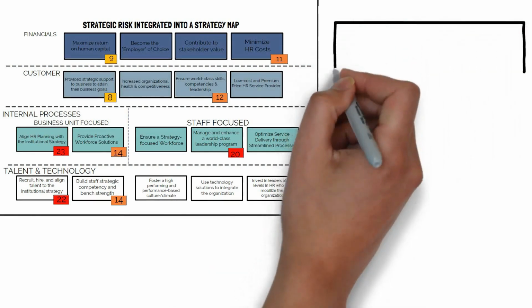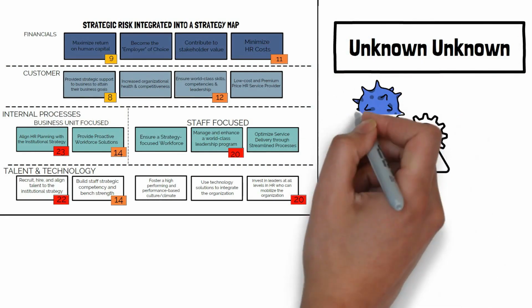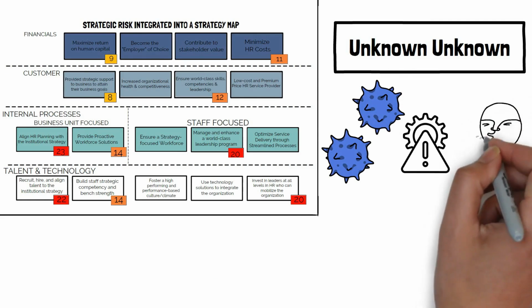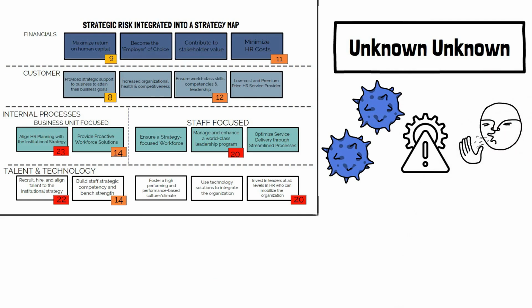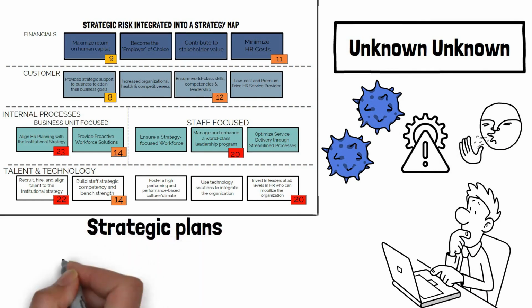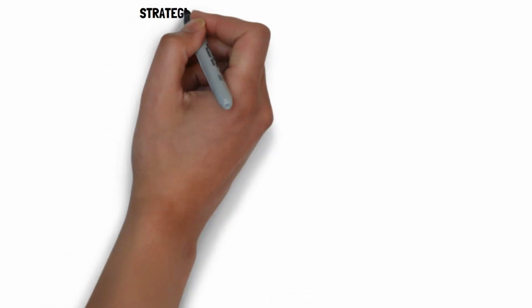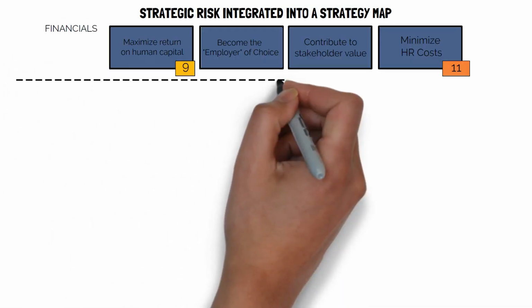The last category of risk is an unknown unknown. This is a risk caused by natural occurrences such as COVID and the Spanish flu. We can somewhat prepare for these, and sometimes we cannot. For strategic plans, the category of risk that we must focus on is strategic risk. Basically, you fully examine a strategic plan, including the strategy map, and identify areas where there is a likelihood of risk.